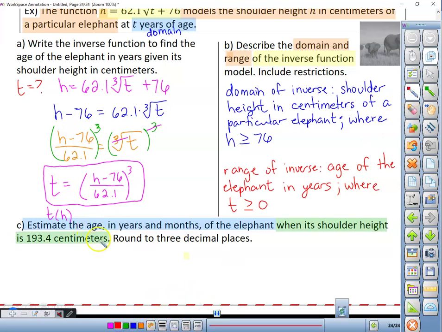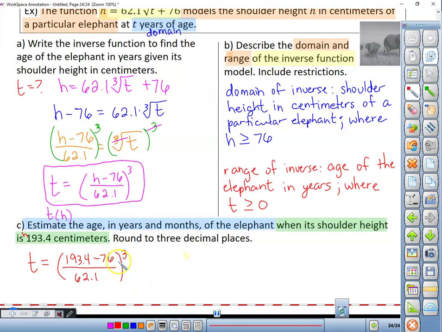All right, so we want age, that's our t, but t in our function is defined in years, so that means we'll have to do a conversion at the end into years and months. So we're looking at our t will be equal to our shoulder height, that's going to be our 193.4 minus 76, all divided by 62.1, and then raised to the 3rd power.